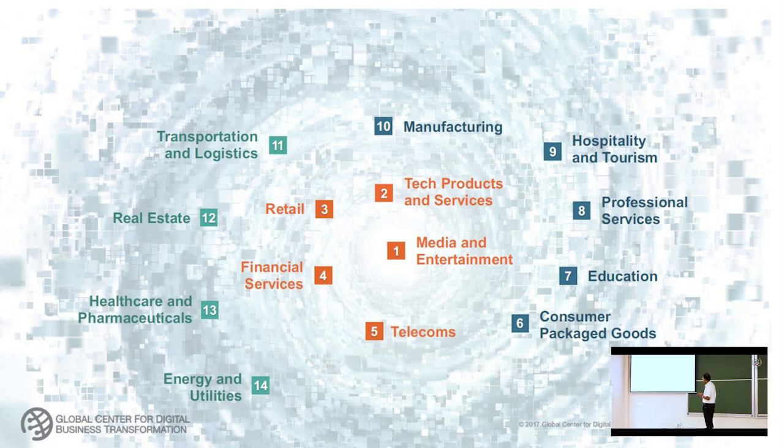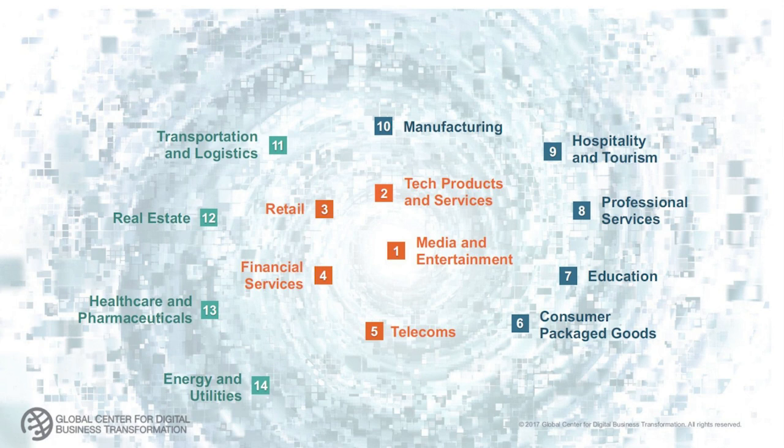This is on the edge. And where does Propel fit here, sir? Tech products and services and manufacturing. So tech products is right at the center. Of course, manufacturing, you have a little more time.